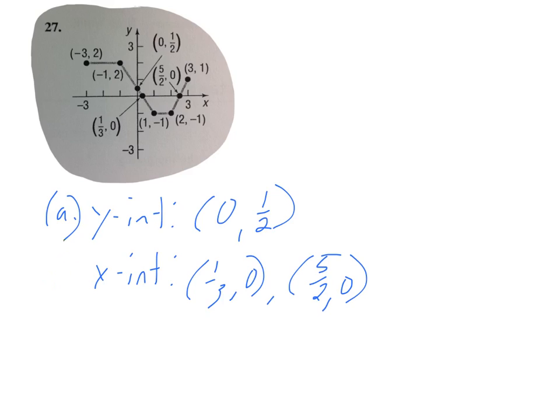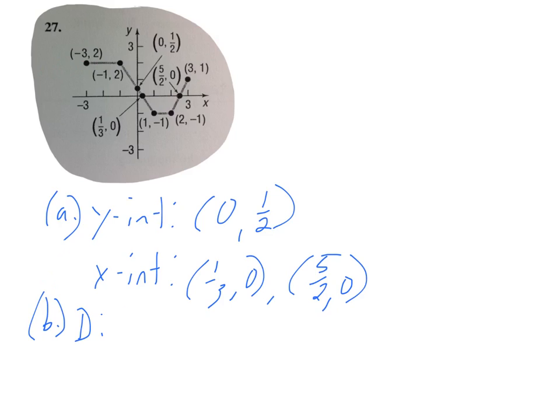The domain and the range. What is the domain? It's important to note that we don't see arrows right here, so this does not continue on to the left, and this does not continue on to the right. Knowing that it stops here and it stops there, what would my domain be?